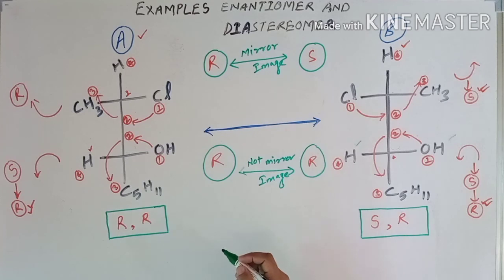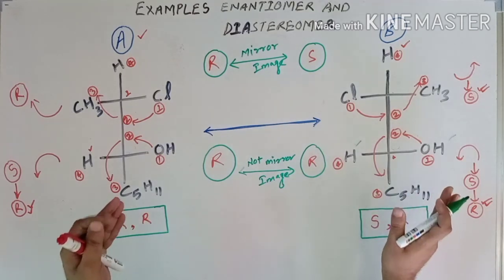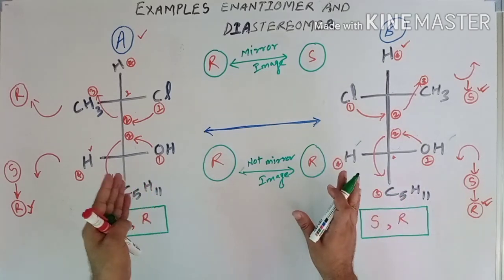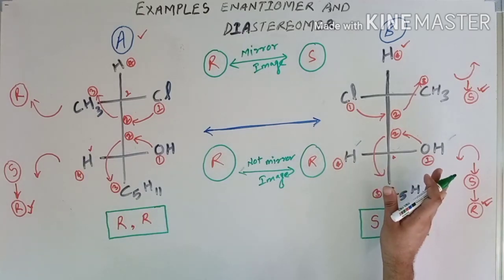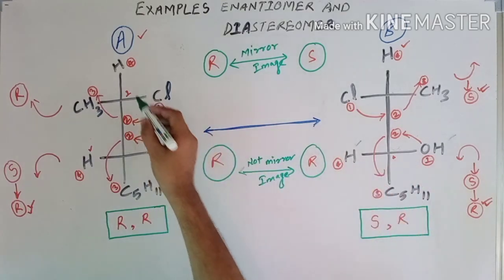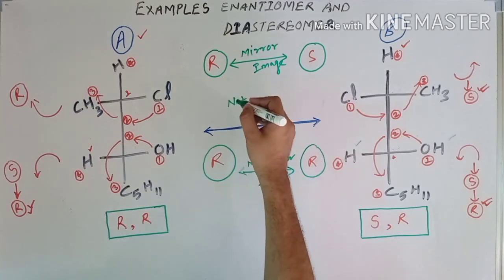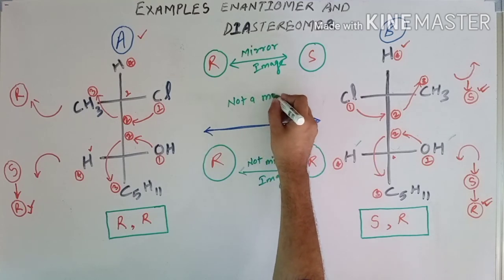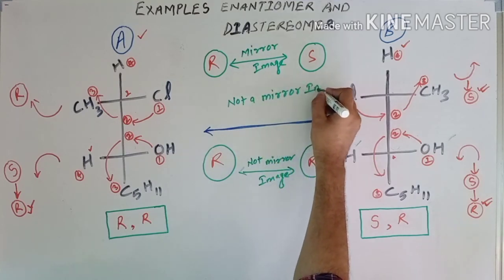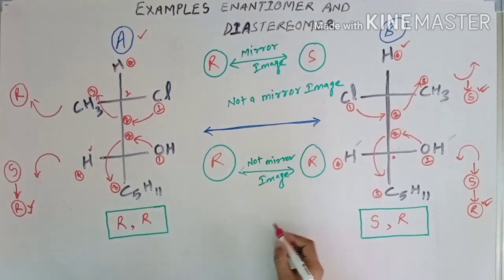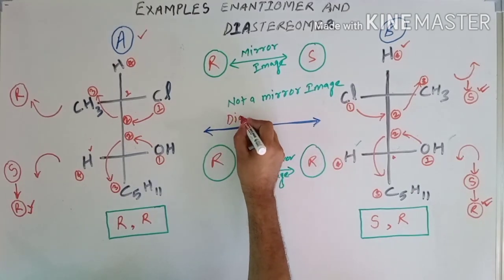So whole molecule, if we compare both whole molecule A and B, then molecule A is not exactly the mirror image of molecule B. So whole molecule is not a mirror image. And we have seen if two molecules are not a mirror image, then those two molecules are called what? Diastereomer.